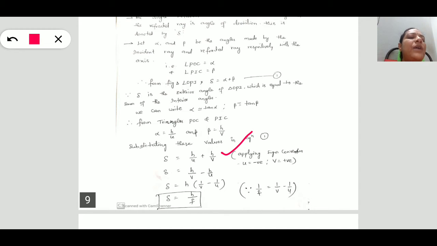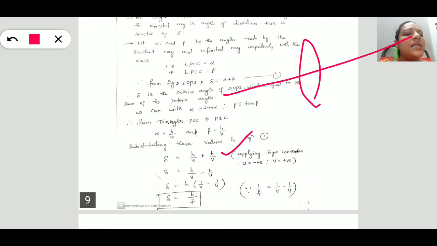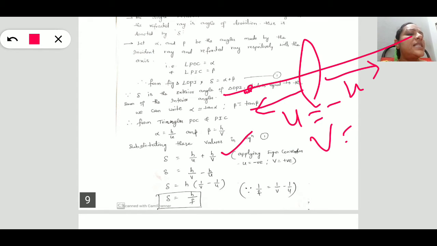Here we have to apply the sign convention. Suppose this is a lens system, this is the principal axis, and we have placed our object here, so we are measuring from the lens. So this u should be taken as a negative value, and v is in the direction of the light ray, so v is taken as positive, like this.